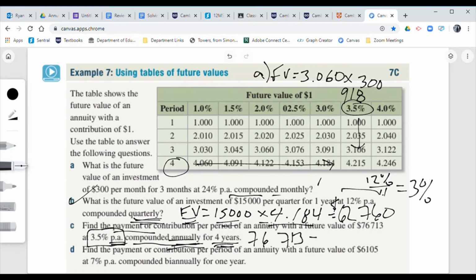So we know that our future value is going to be, or that we want it to be, 76,713. It's going to equal our intersectional value of 4.215 multiplied by some number that we do not know.